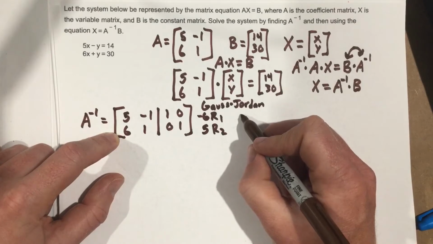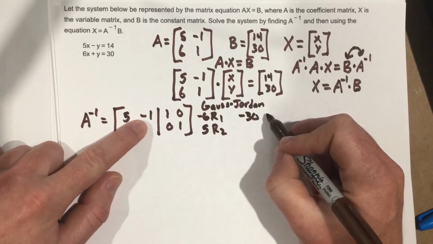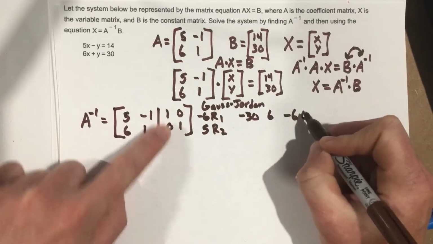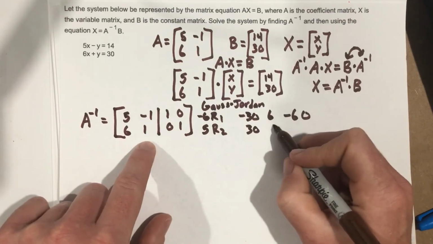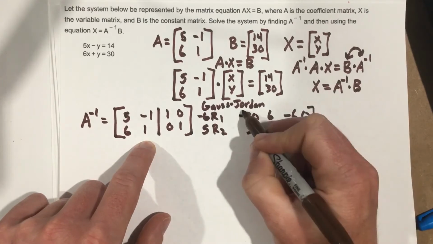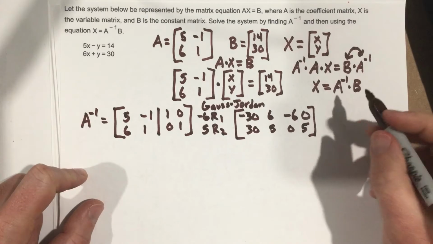That's going to give you -30, then that'll be +6, -6, 0. And then the bottom would be 30, 5, 0, 5. Now we're going to add row 1.